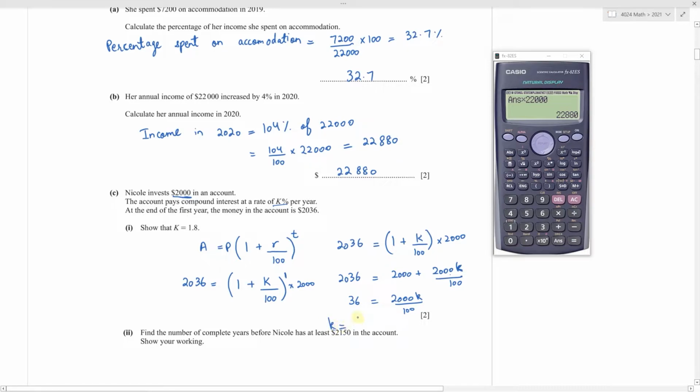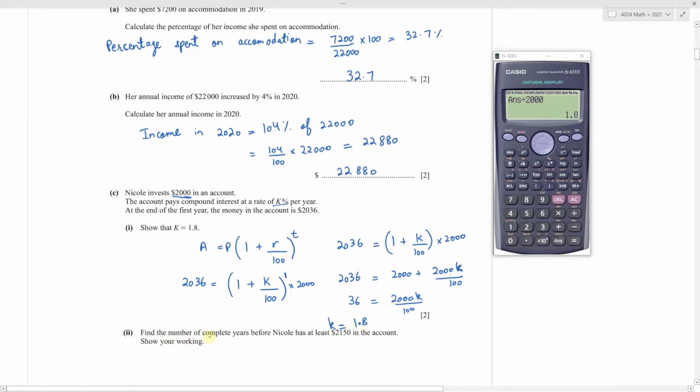And this will give me k equals, I will take this 100 to the other side and 2000 into the denominator, so 36 multiplied by 100 and then divided by 2000. So this is 1.8, which is what we had to show, that k was 1.8. So that's how you will prove this value.